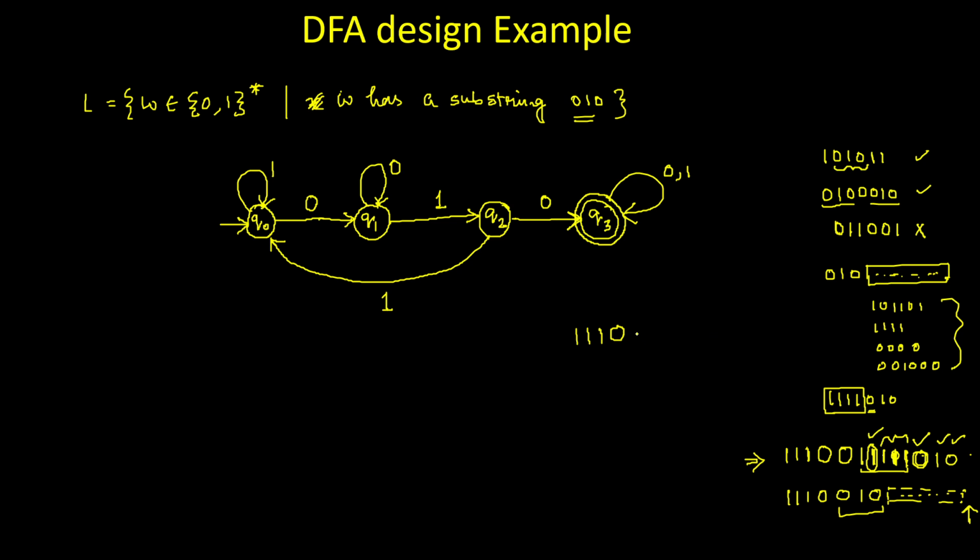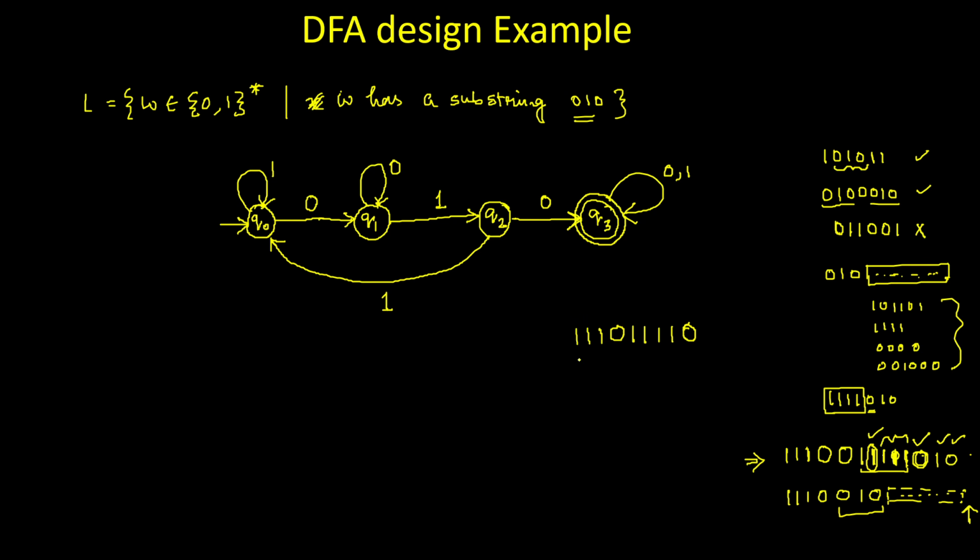Say the next character that the machine reads is 1. Still the hope remains that maybe I'm going to get the substring 0 1 0, but suppose the machine found the next character as 1. So what will happen? Due to this path, the machine will go from Q2 to Q0 state. And if I assume that I have a number of 1s and then a 0, and here the string stops, what will happen?